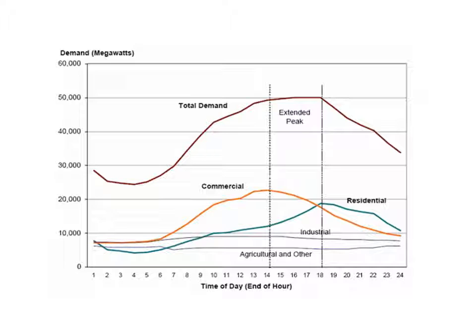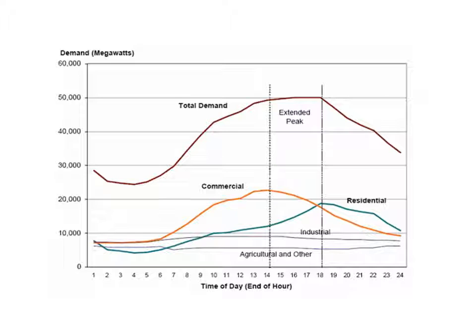So we may even have a sense on a grid scale of how electricity consumption changes on a sub-daily basis, even on a sectoral basis, right? So we know what residential electricity demand looks like, commercial electricity demand looks like, and industrial electricity demand looks like on a sub-daily or hourly basis.